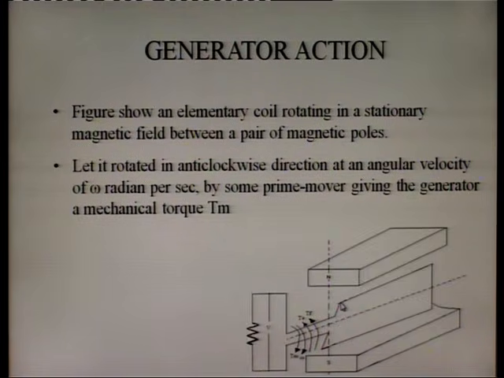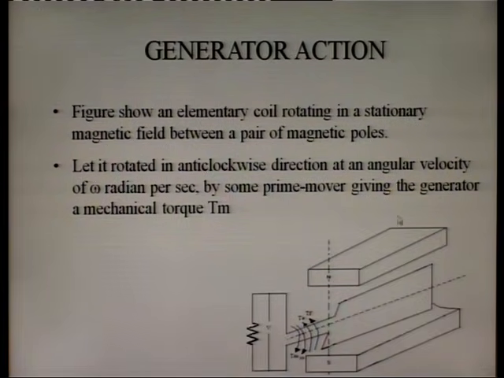When this elementary coil rotates, it will cut the magnetic flux. When it cuts the magnetic flux, an EMF will be induced in this elementary coil, or you can say conductor. This is according to Faraday's law, which states that whenever flux linking with the conductor changes, an EMF is induced in the conductor.